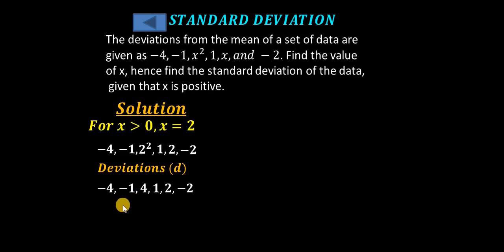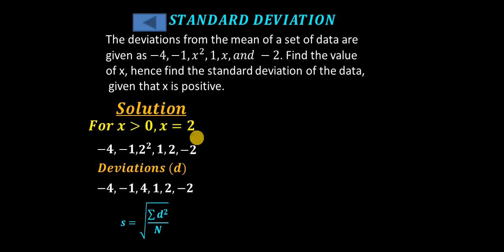Remember, the formula for standard deviation S is given as the square root of the sum of the deviations squared all over the number of items. n here is the number of items, of which for our case we have 1, 2, 3, 4, 5, 6. We are going to begin by determining the summation of the deviations squared. We are going to square these deviations and add them.